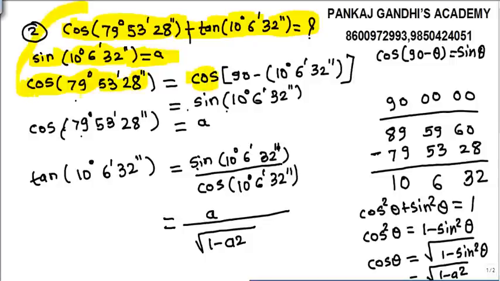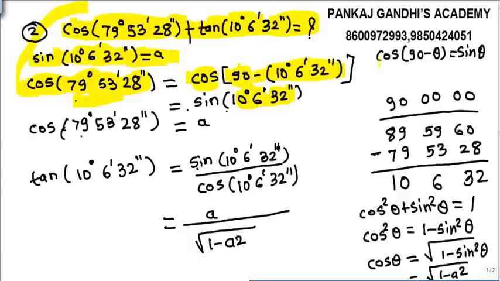I can write this as 90 minus an angle, because when I subtract 79 degrees 53 minutes 28 seconds from 90, I get 10 degrees 6 minutes and 32 seconds.